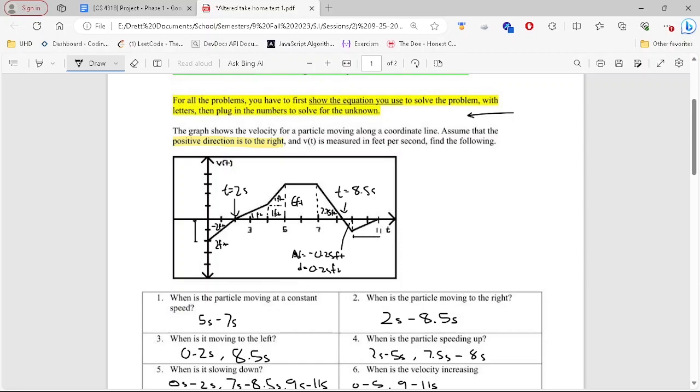From here to here, 2 seconds times its height of -1 feet per second divided by 2. Wrong way, its height is -1 feet per second times its base, which is 2. So -1 times 2, that's -2.